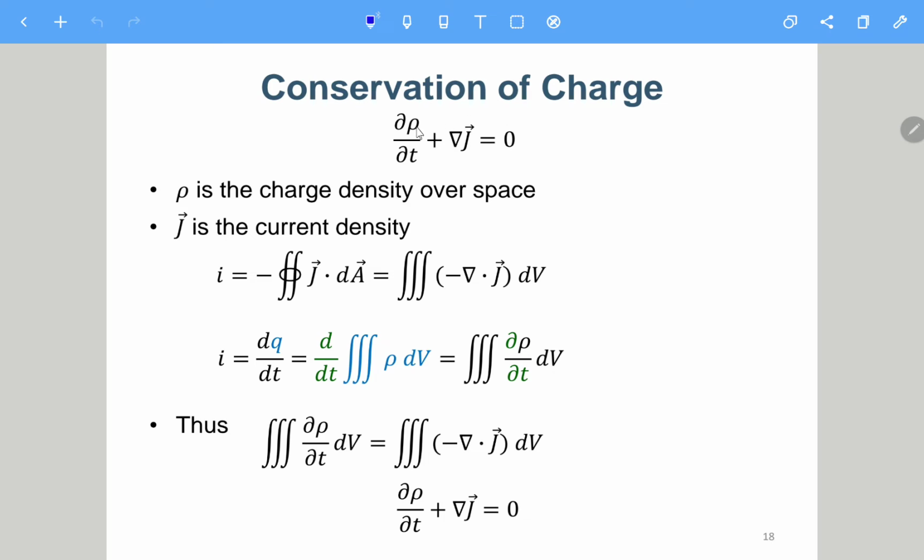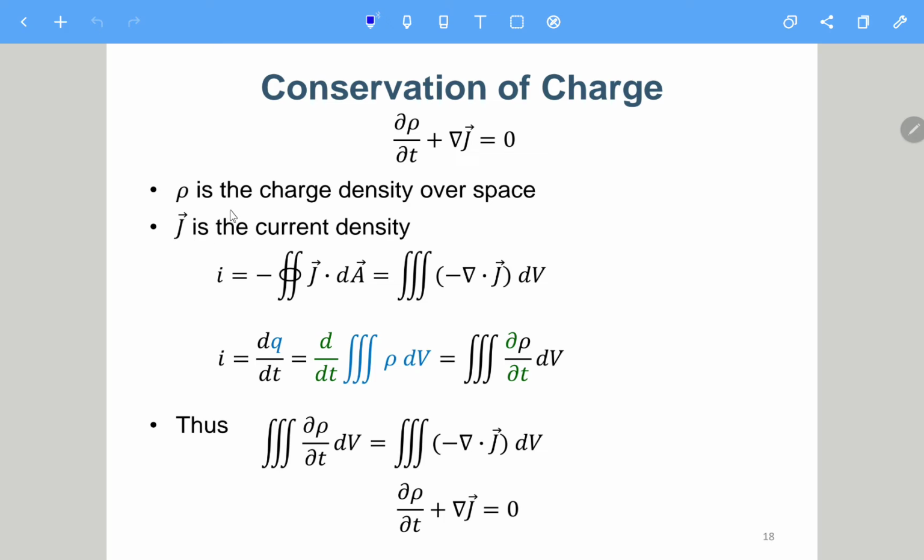But actually we can use a partial differential equation to describe conservation of charge. So here I would like to explain why this strange equation is actually the conservation of charge.